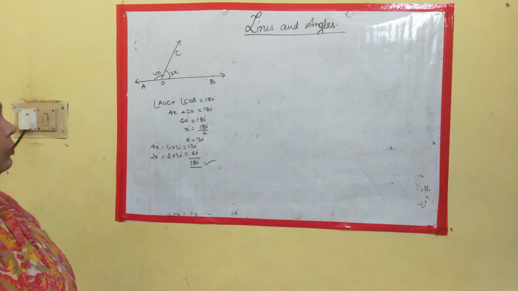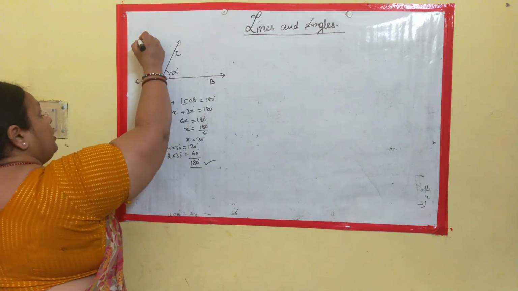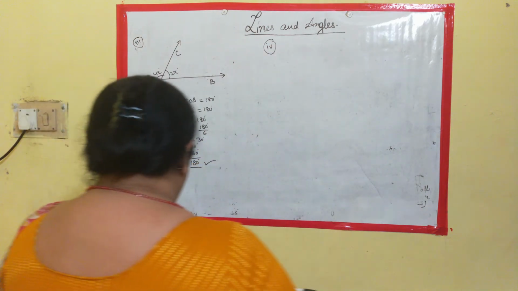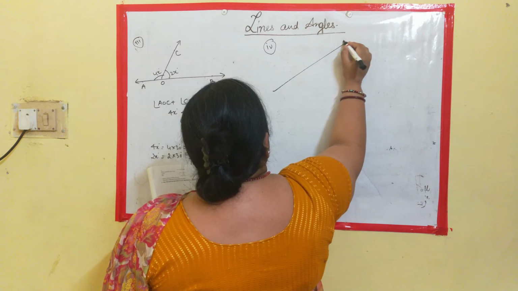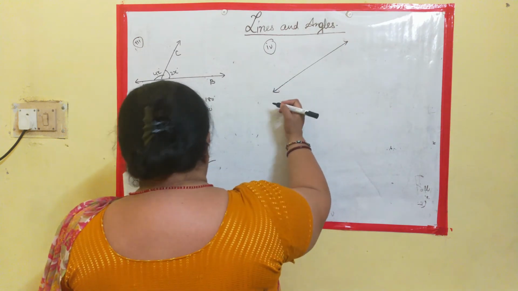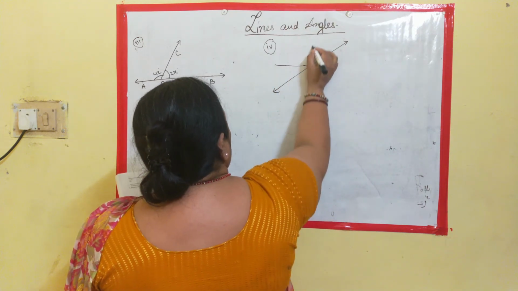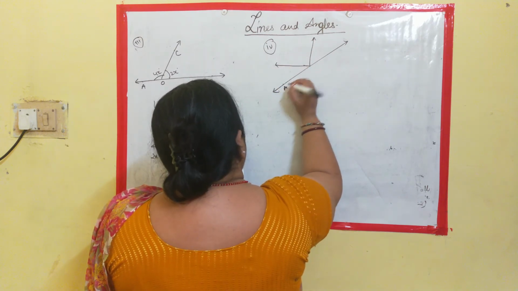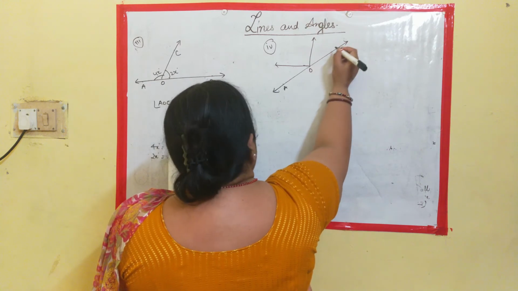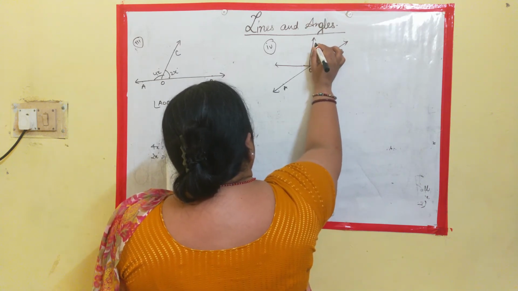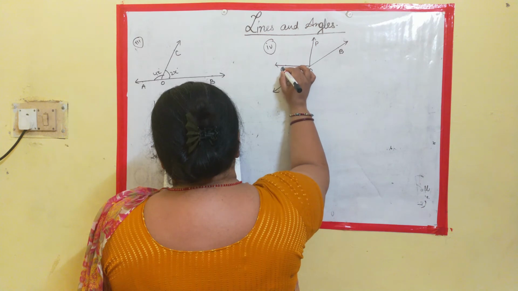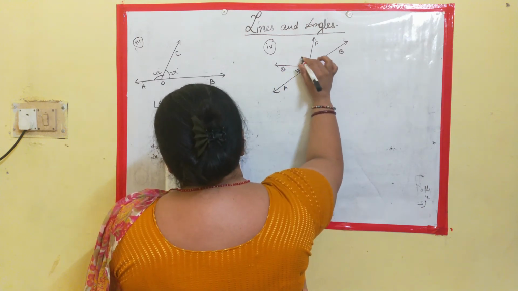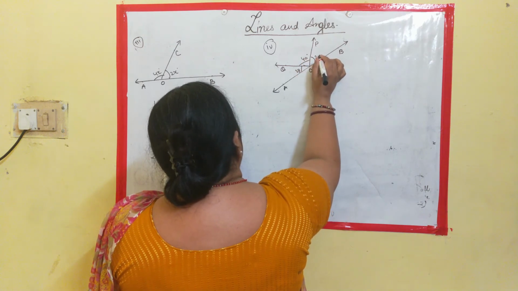Clear? Now, moving to the next one, the fourth one, the figure goes something like this. Here it is A, O, B, P, Q. This is 3y, this angle is 40 degrees and this is 2y.